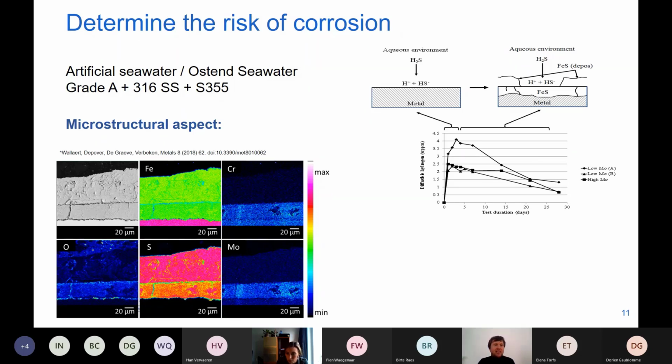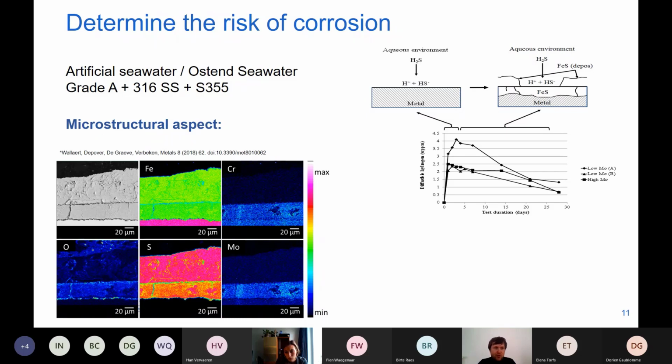The upper layer was created by precipitation from the solution and was enriched with molybdenum, while the inner layer was formed via uniform corrosion and was enriched with both molybdenum and chromium. This is because molybdenum can undergo a deposition reaction, while chromium will not undergo any deposition but will remain in solution as chromium 2+.